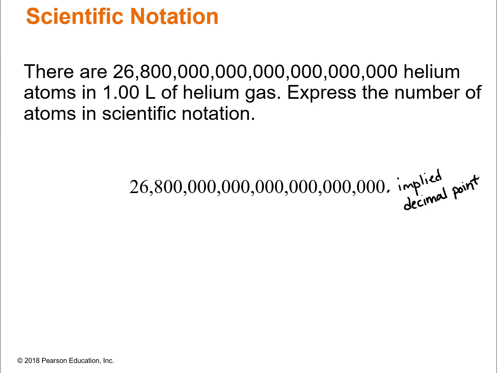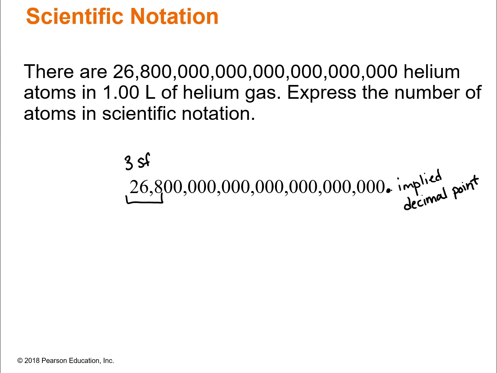So for sig fig purposes, we've got 3 sig figs. But we know the end of the number is over here, which is where you would put a decimal point.